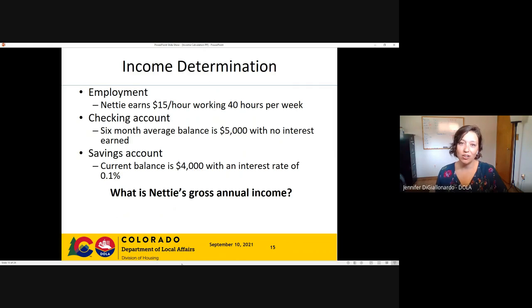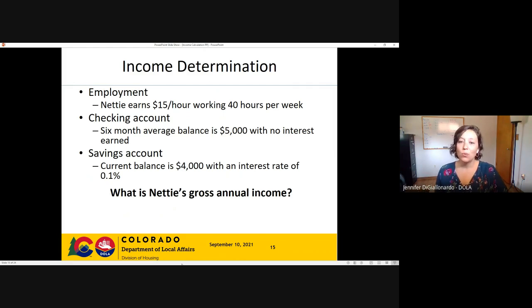So for Nettie, she earns $15 an hour, working 40 hours per week. Her checking account has a 6-month average balance of $5,000 with no interest earned. And she also has a savings account with a current balance of $4,000 and an interest rate of 1%.